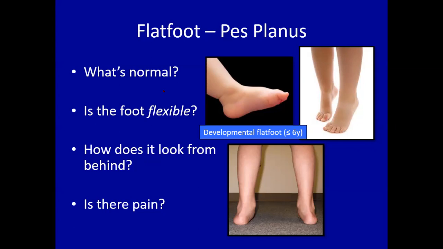Flat foot. So what is normal? Well, there's this variation of normal, but if we see this kind of tiptoe walking, that's a sign of flat foot, mostly physiologic. It's usually physiologic, normal, less than 6 years, and then as they get older, it becomes a little bit more concerning.